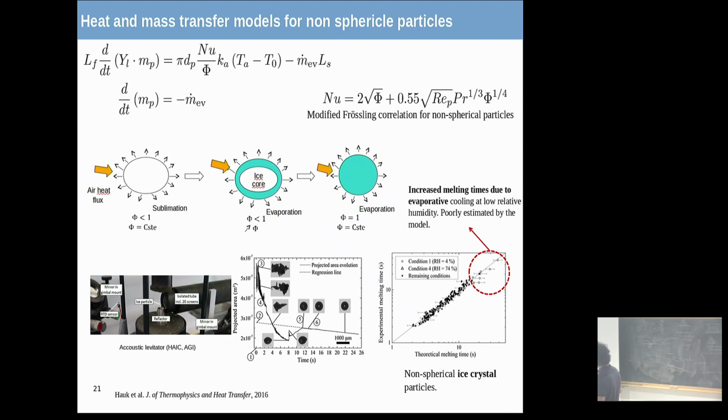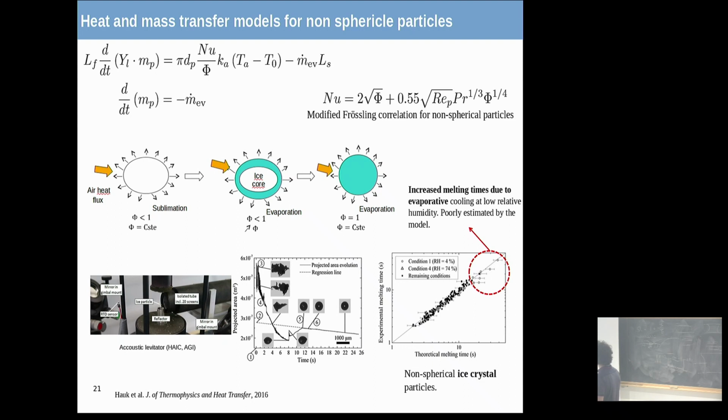So the idea is we have a fully glaciated particle, and the model we propose is that after a while in a hot environment, it is composed of an ice core surrounded by a liquid film, up to a fully spherical droplet. And what we propose is that at the beginning we have a sphericity of the particle which is lower than 1, up to the end, where it is equal to 1, so the sphericity increases up to 1.